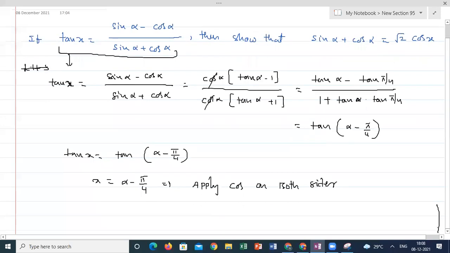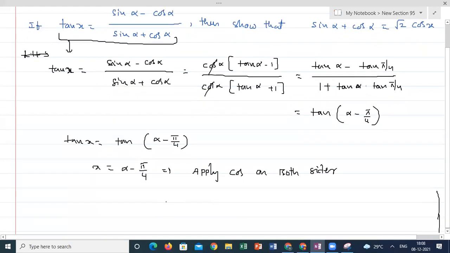Cos x is equal to cos of alpha minus pi by 4, which is cos alpha cos pi by 4 plus sin alpha sin pi by 4.